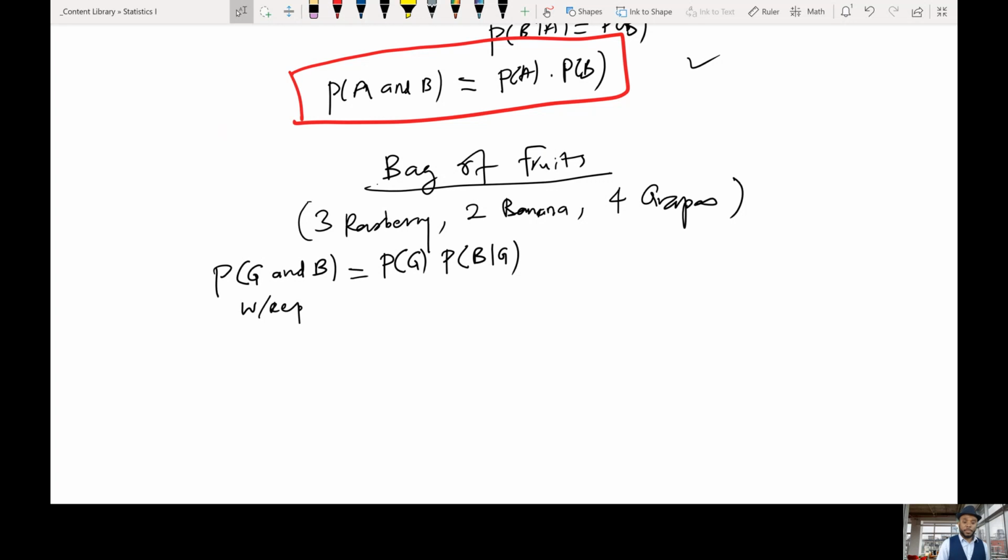What's the probability of drawing a grape? That will be clearly 4 over 9, right? That's 4 over 9. What's the probability of drawing a banana given that I had drawn a grape from the bag? So that's clearly 2 over 9.